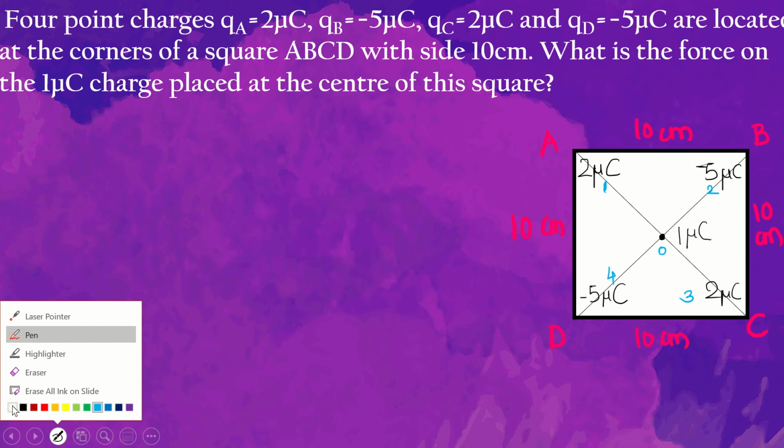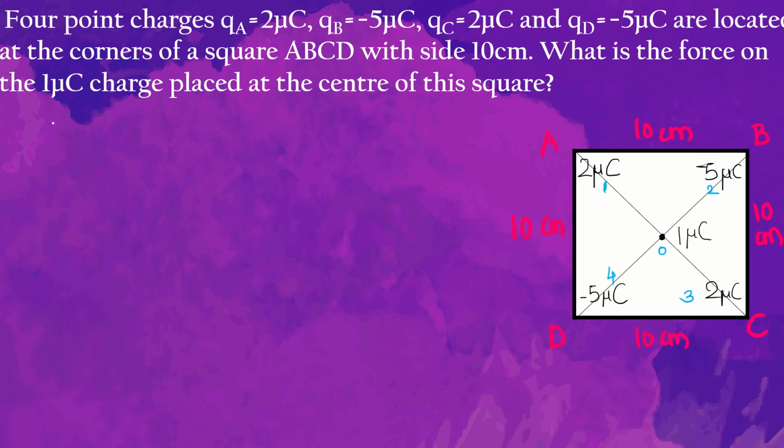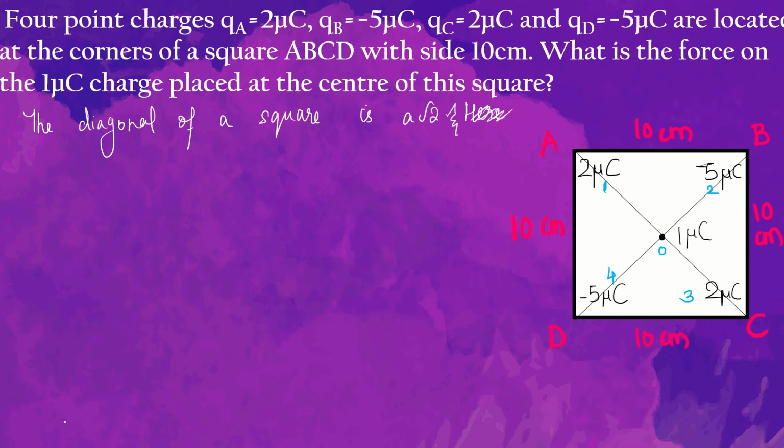Now write this down, this is important. The diagonal of a square is a root 2, where a stands for the side of the square.